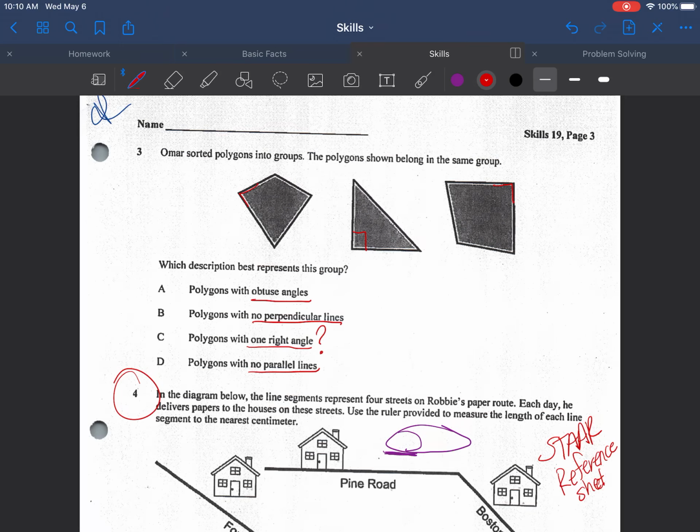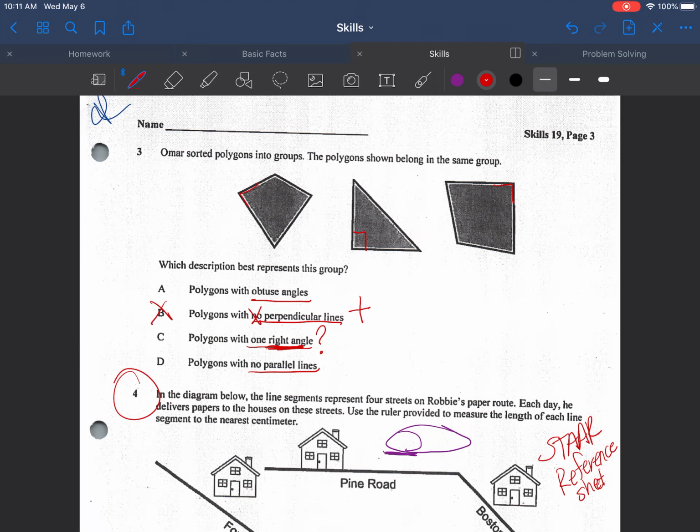But once you turn your paper around, I can see the right angle. So polygons with what? One right angle? Maybe. Polygons that have no perpendicular lines. Remember, perpendicular lines touch to form 90 degrees. So let's think about this. If they do have right angles, are they going to have perpendicular lines? Yeah, because they have to make 90 degrees.